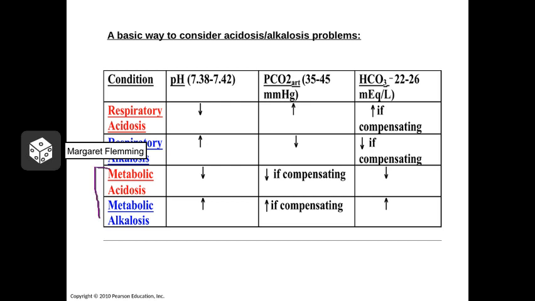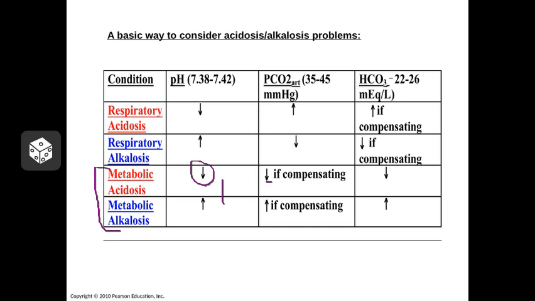Next, let's take a look at metabolic issues. Now, in metabolically caused problems, we will have these shifts that you see here, but the respiratory system will attempt to compensate. So we know that if pH drops, that's because hydrogen has increased.